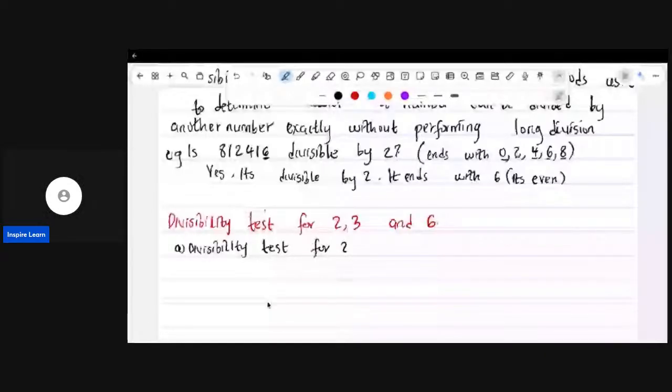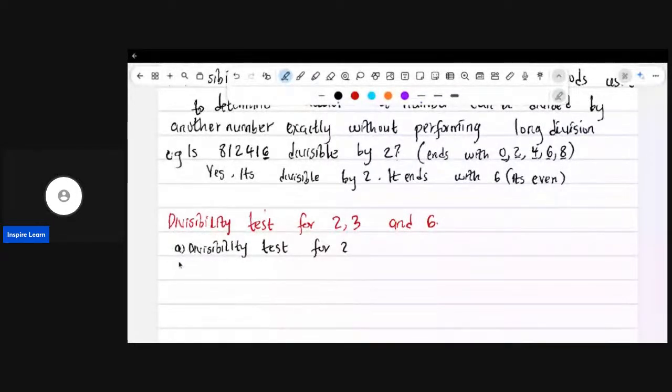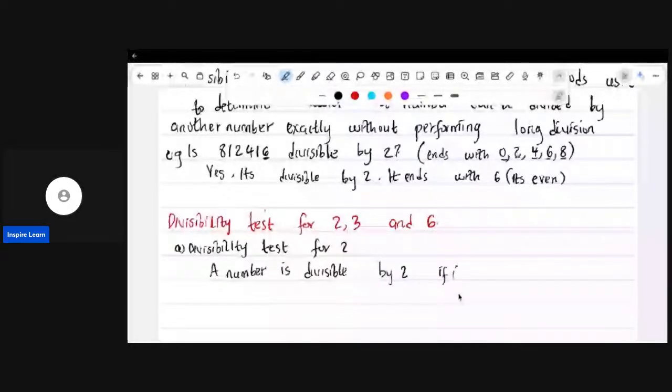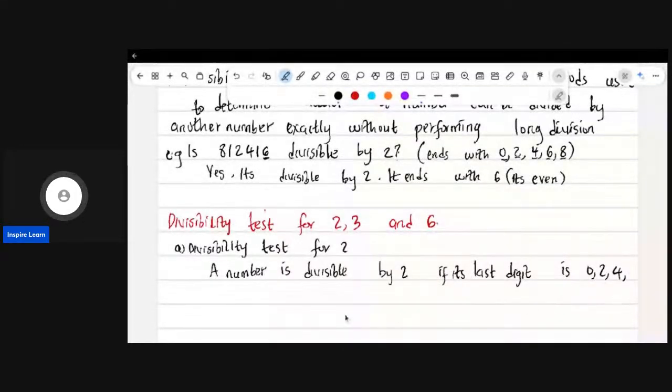When do we say a number is divisible by 2? We say that a number is divisible by 2 if its last digit is 0, 2, 4, 6, or 8.